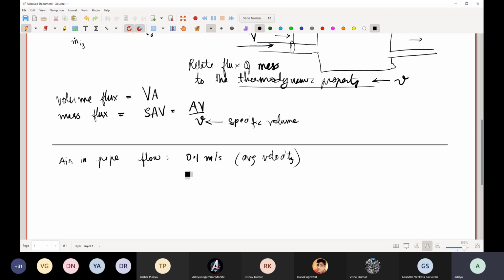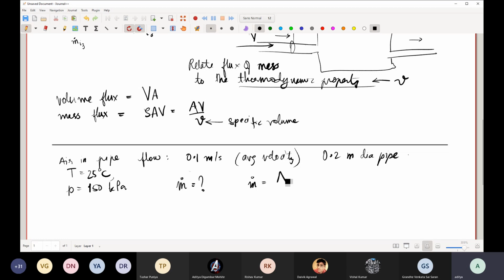The temperature is 25 degrees Celsius, and the pressure is 150 kilopascal. This is just an example from the book, and it's a very good illustration. So the question is, find out the mass flow rate, find out m dot. The area is given, it's a 0.2 meter diameter pipe.